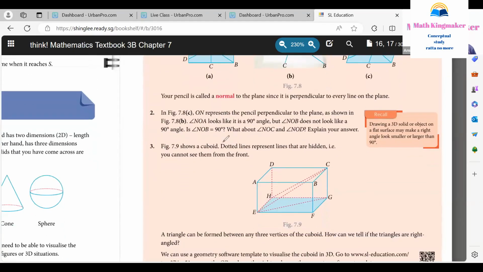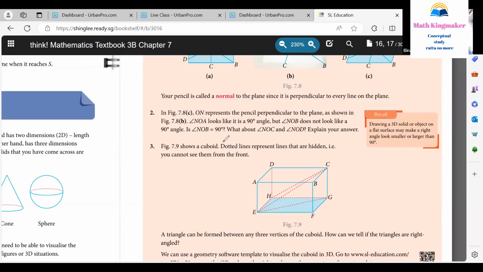Now, figure 7.9 shows a cuboid. Dotted lines represent lines that are hidden. Hidden lines means, if you place your book over here, you cannot see the back sides. You cannot see the surface which is the back side of the book.